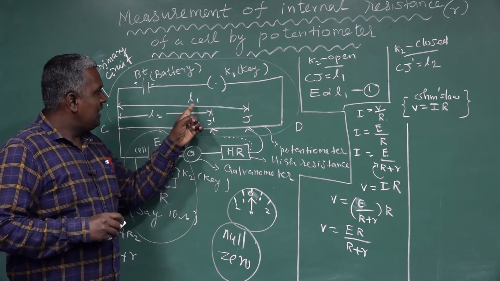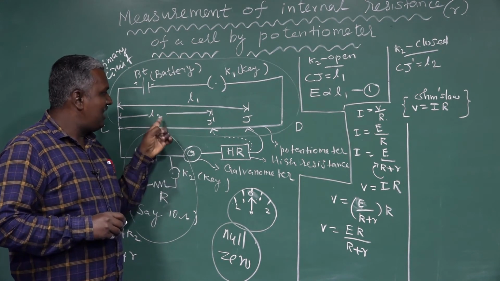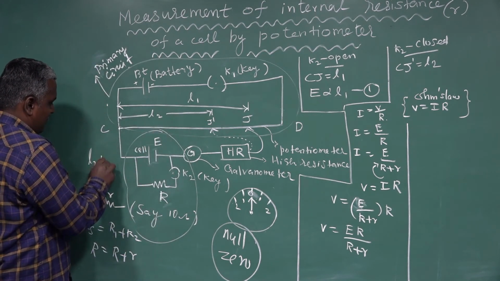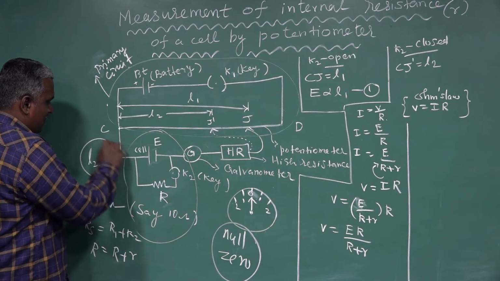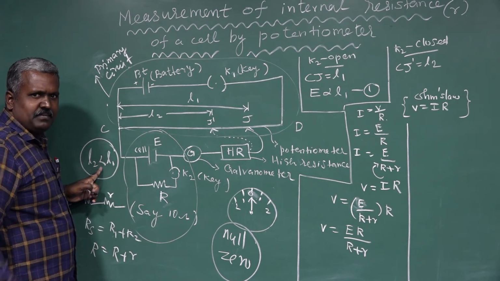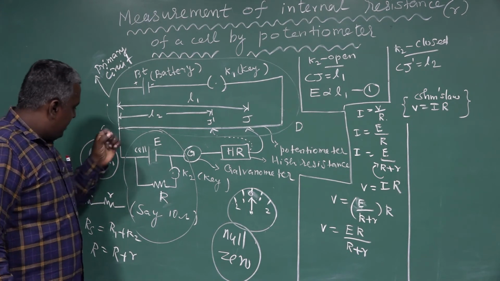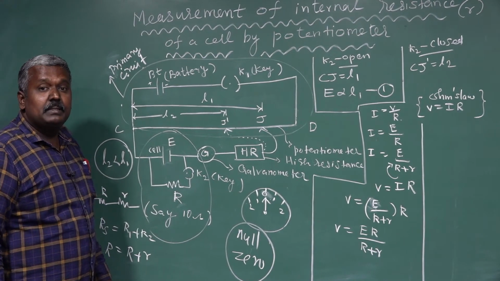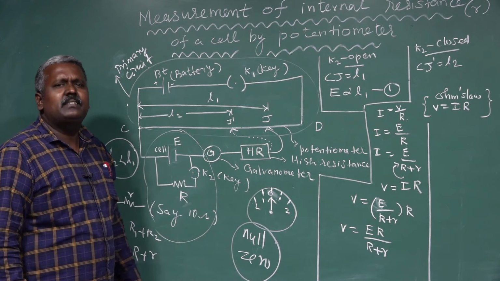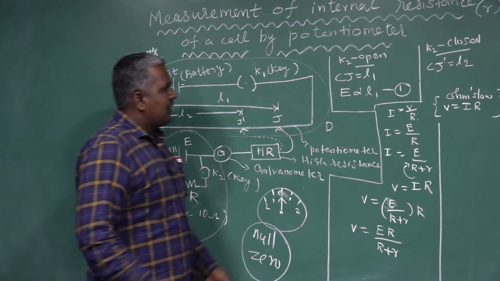Comparing L1 and L2, L2 is less than L1. This is one important point. Keep in mind. It is very useful for solving problems relevant to potentiometer or to find out the internal resistance of the cell.